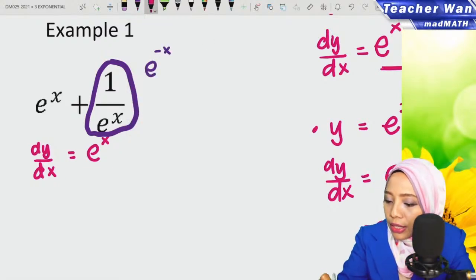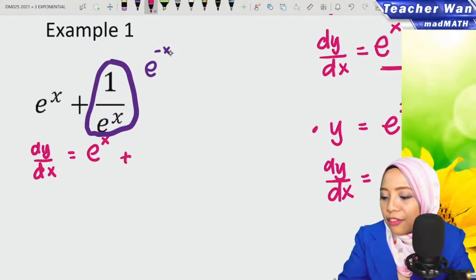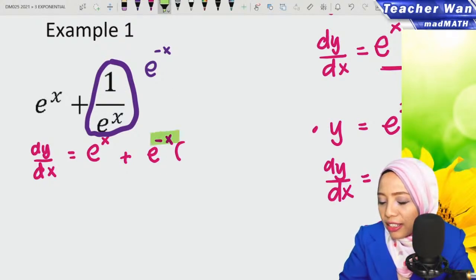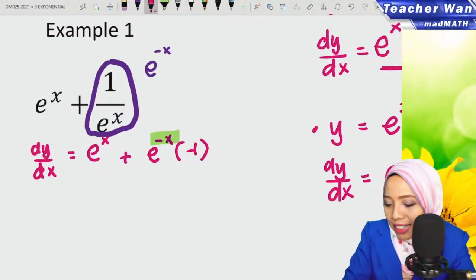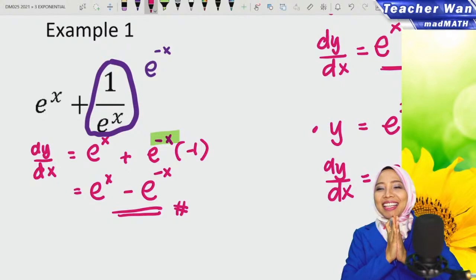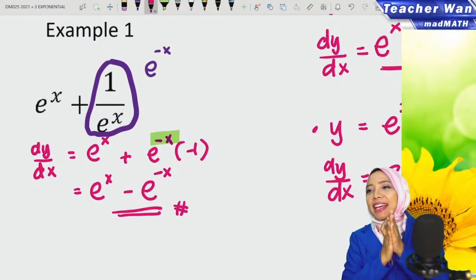So plus differentiating e to the power of negative x will give us copy and multiplying the differentiation of the function here, which will give us negative 1. So e to the power of x minus e to the power of negative x. Easy for the first one. Yes, Umaira, Grace.